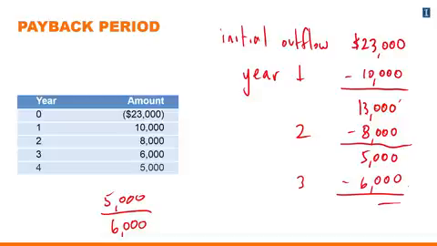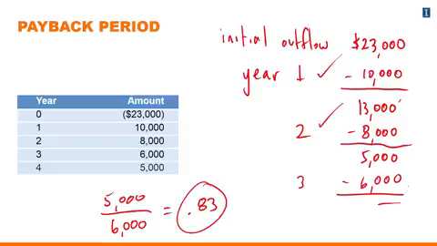That means that 5/6 of the year, or 0.83 of the year, is required to recover the remainder of the $23,000. So in essence, we have year 1, year 2, and 0.83 of year 3 that leads to the full recovery of the initial outflow of $23,000. So the payback period under this alternative assumption is 2.83 years.